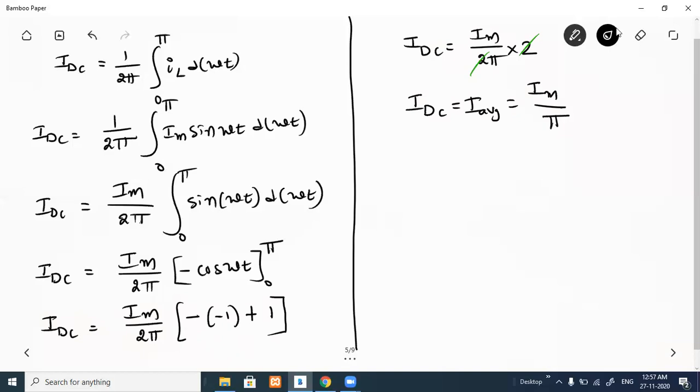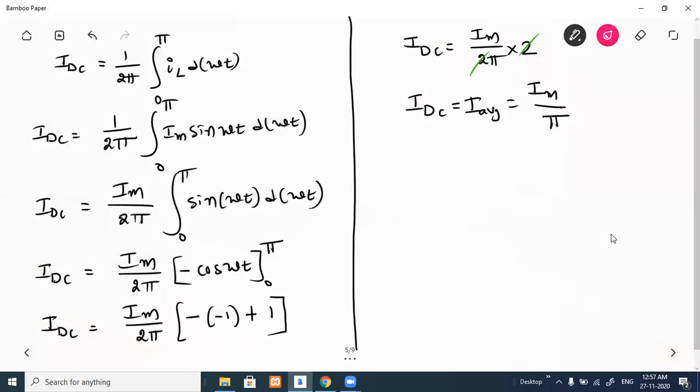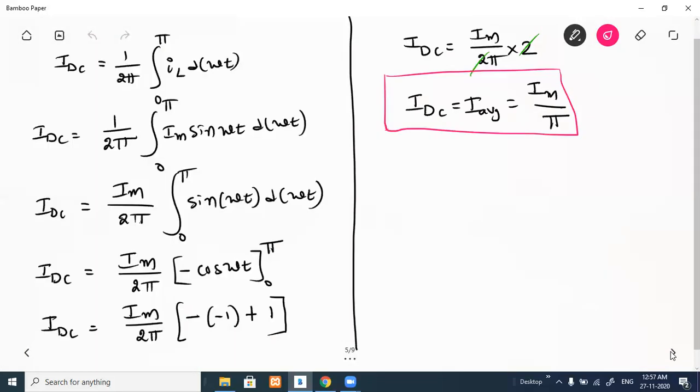That is the average value of the load current. In the waveform, we can represent this as IDC or I average equal to Im by pi, this line. Then Im is the peak value, which we can calculate.